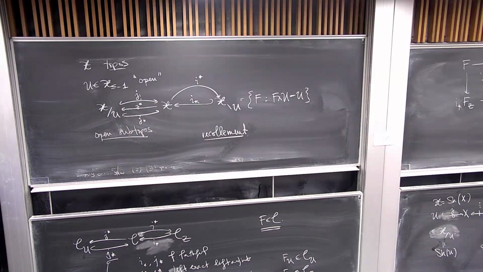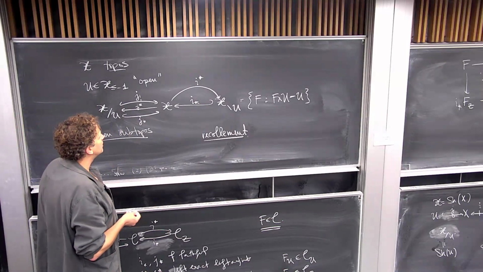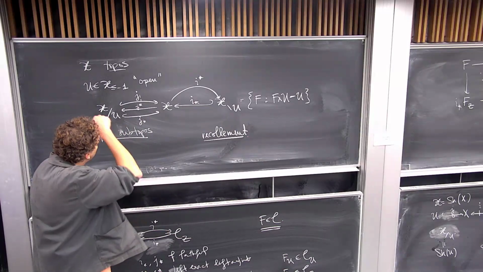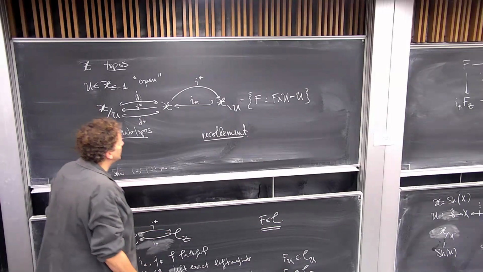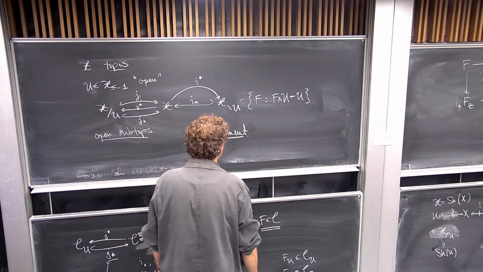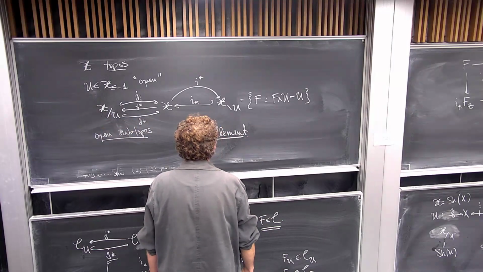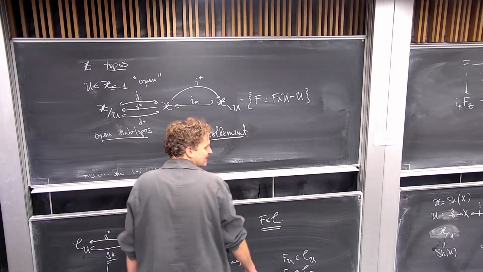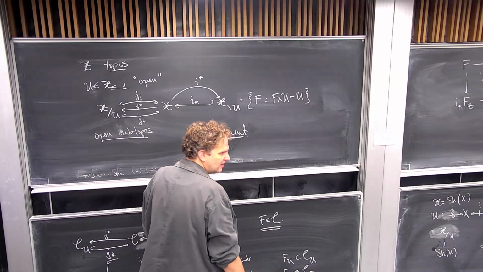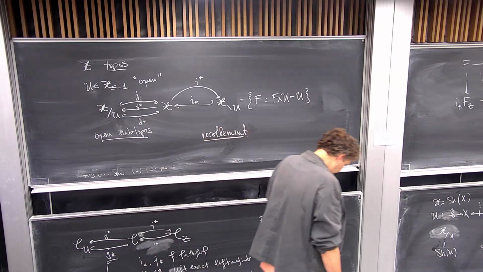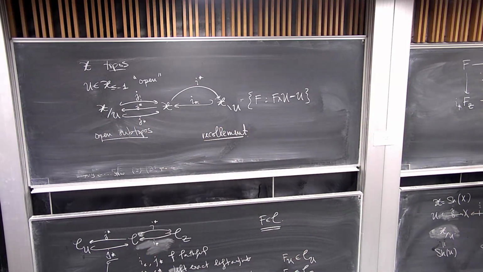Do you have a formula for i upper star in general? Like a description of it in terms of U? That's a fair question. I think the only way that I know how to see this directly is you notice that this whole subcategory is closed under limits because limits commute.